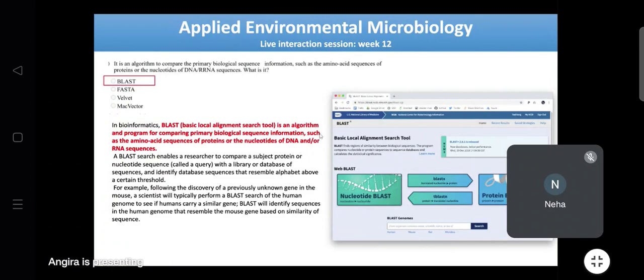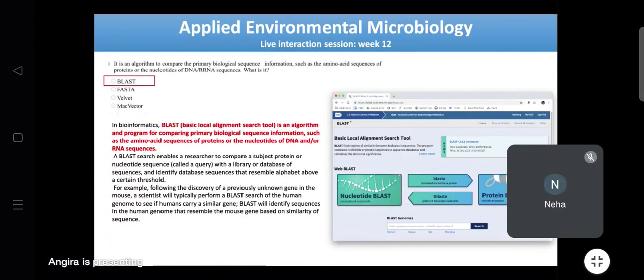It is an algorithm and a program which compares biological sequence information. The sequence can be an amino acid sequence or a nucleotide sequence, or sometimes it can compare RNA sequences also.